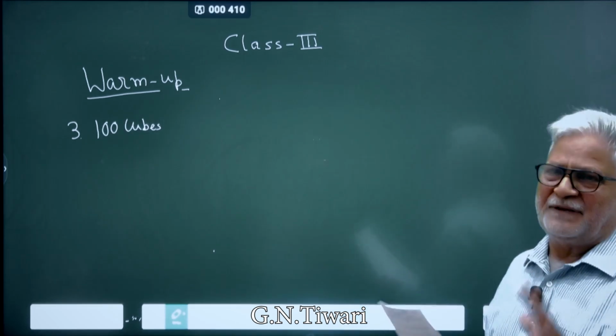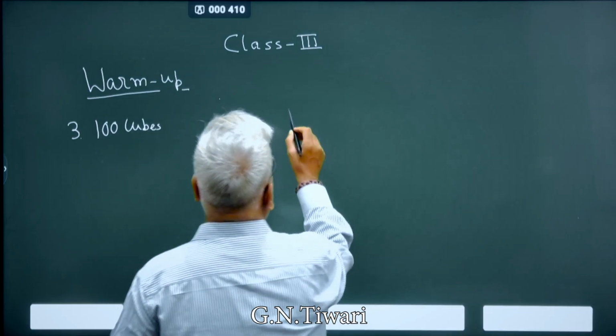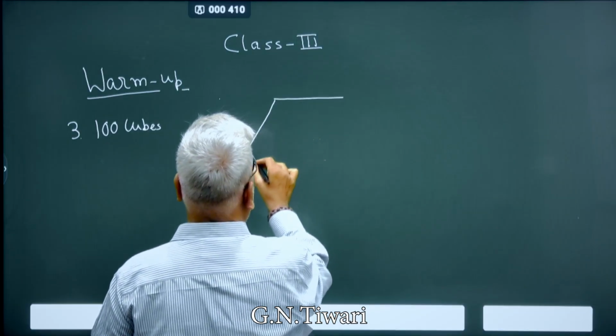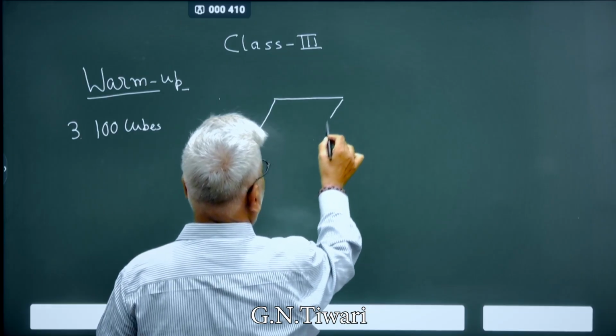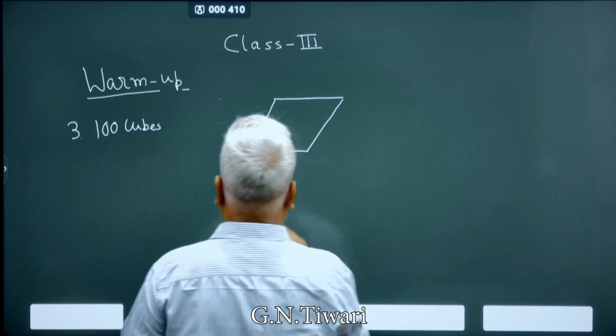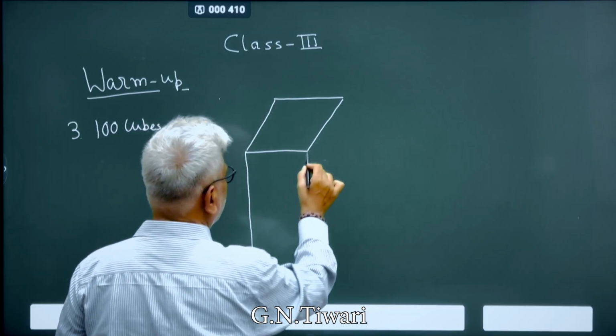Go in a similar way, but make a bigger picture like this. I'm just giving you. You make this and this and this bigger form. And also you have a bigger like this.